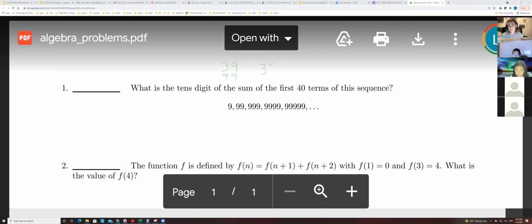Basically 3861. Now you just need to add the 9 to the unit digit, right? So you add a 9, this becomes 0, and this becomes 7. You don't care about the rest. So that's 7. What you said is okay, Sarah. Questions?